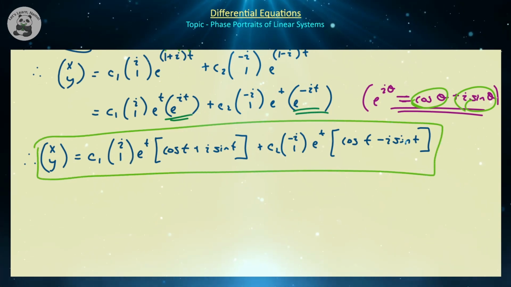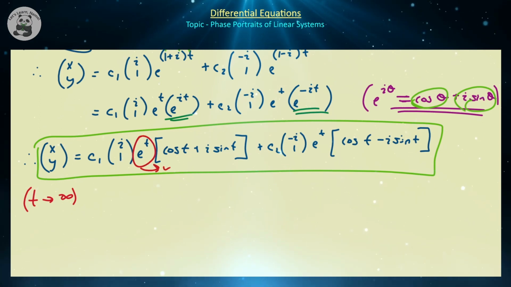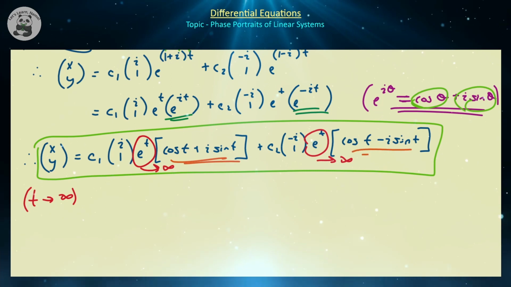So as t goes to infinity, notice that e^t is going to go to infinity, and this is going to go to infinity too, but in a periodic way, because sometimes cosine plus i sine is going to be negative, sometimes positive, but it's still going to try to grow very, very big. It's just going to switch directions. Is it positive infinity or negative infinity? It's still getting big. It just changes in orientation.